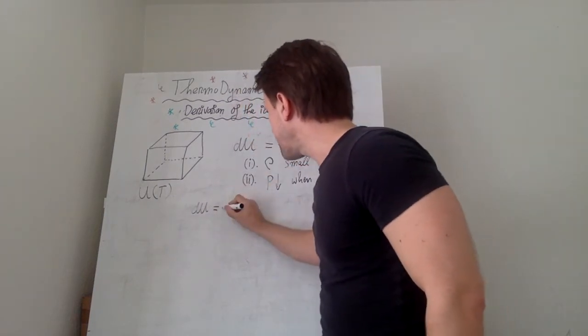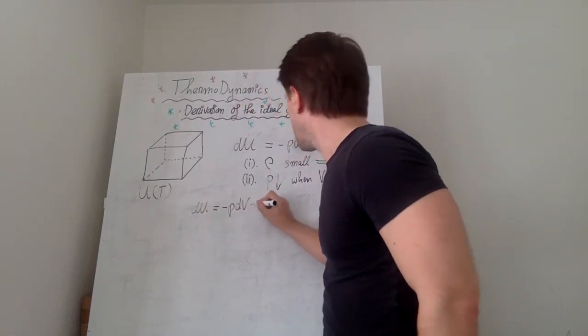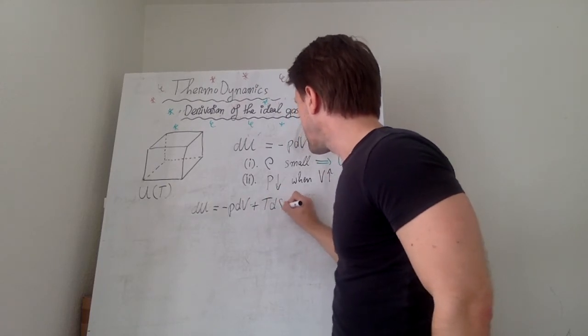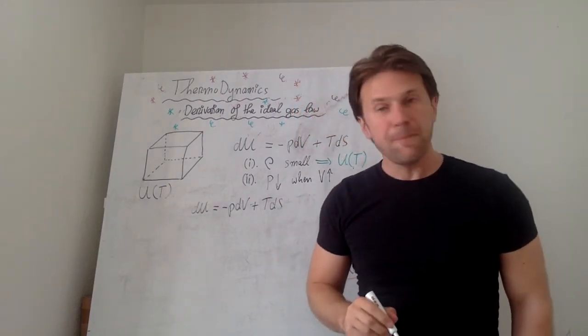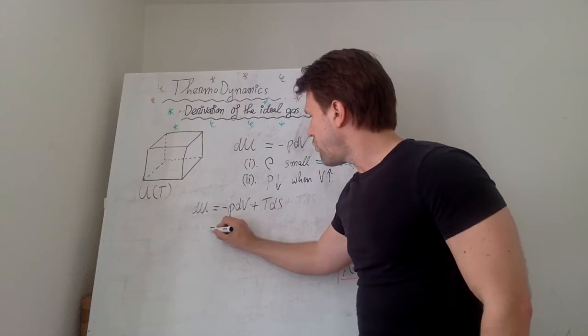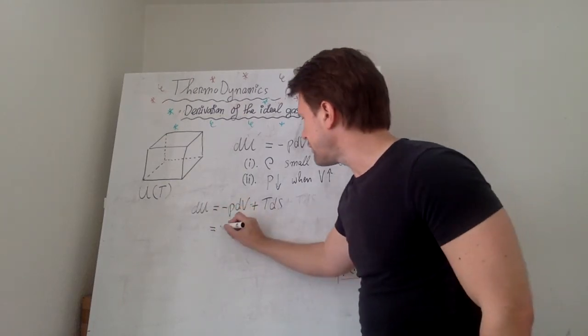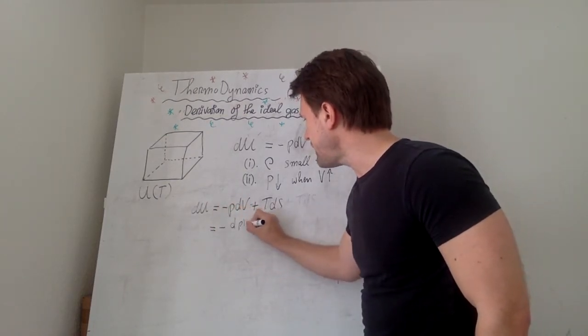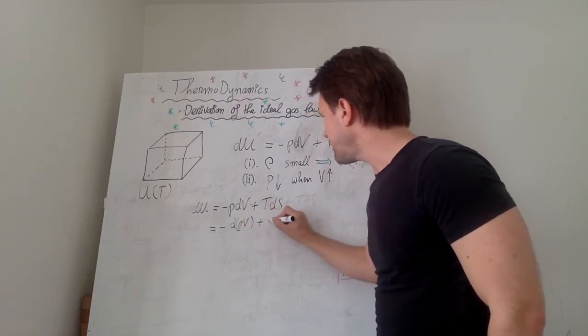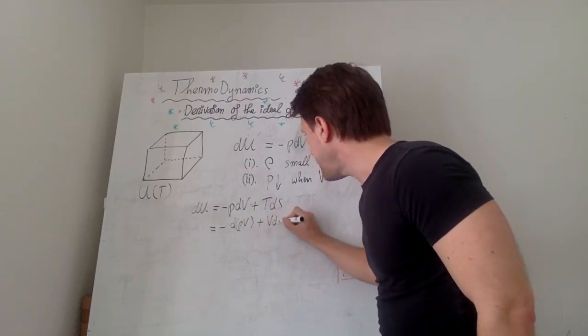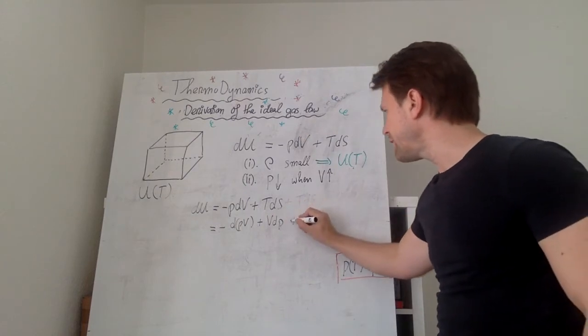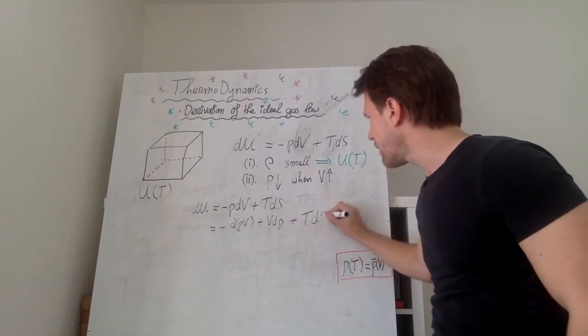This is a copy paste of the first line over here, plus TDS. But now I'm going to do something sneaky. I'm going to write this first part as follows: minus dPV plus VdP, and then the TDS was still there, so I'm just going to copy that.